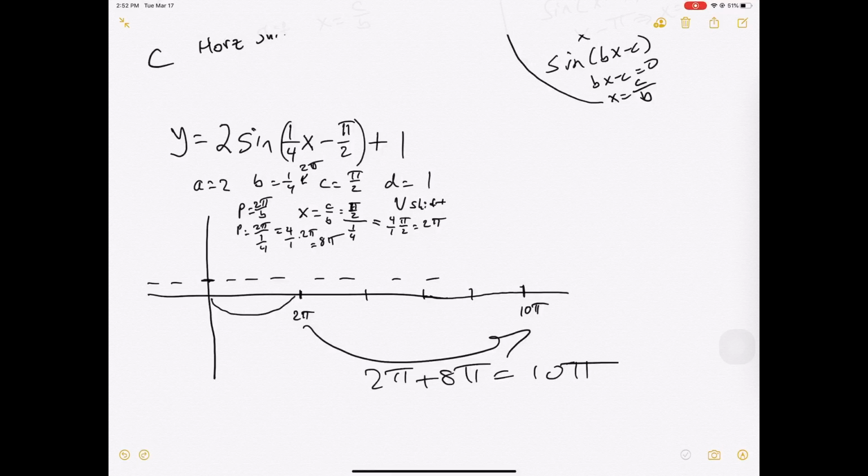What's halfway between 2 and 10? 2 plus 10 is 12. Divide that by 2 is 6. That's 6 pi. So this is 2, 4, 6, 8, and that kind of works out, right? 2, 4, 6, 8, each of those tick marks.